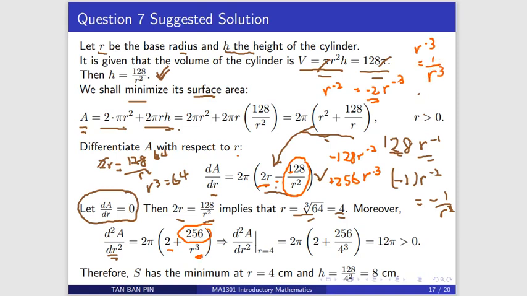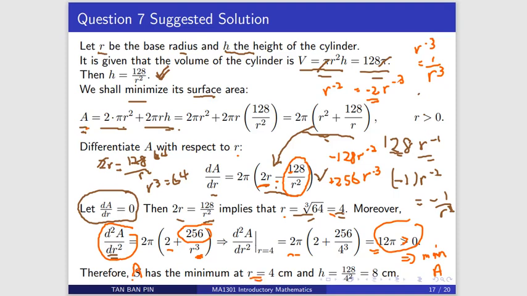Then you substitute r as 4, and you will find that it gives you 12π, which is positive. If the second derivative is positive, it implies a minimum area. So A has a minimum at r equals 4.